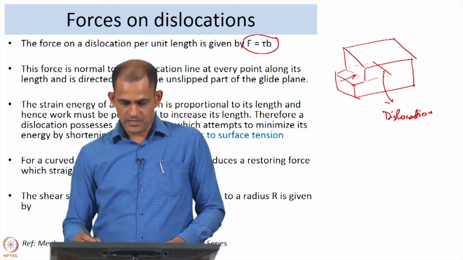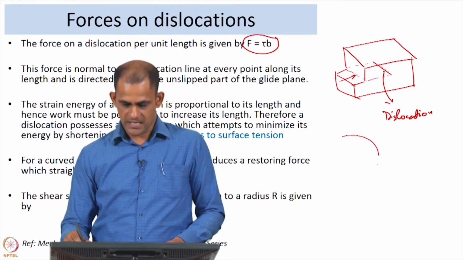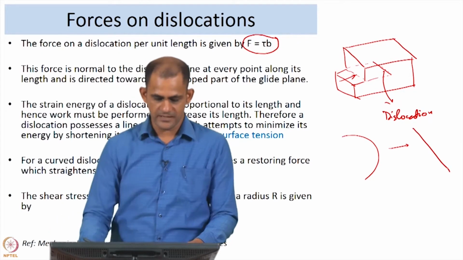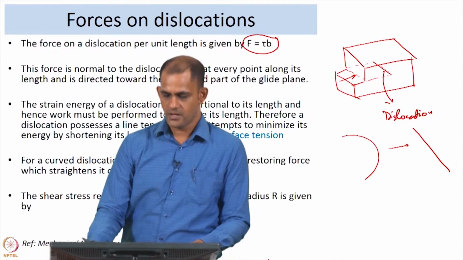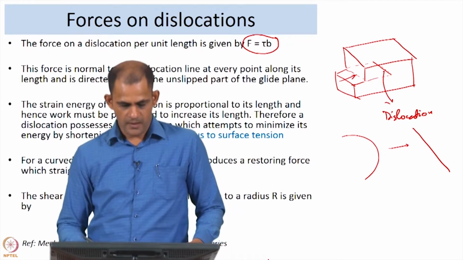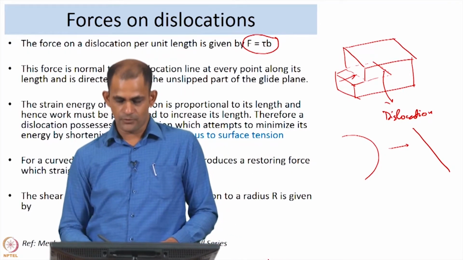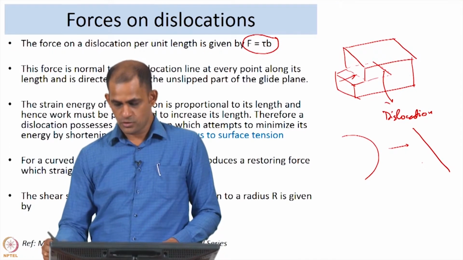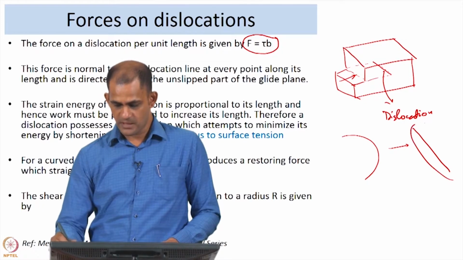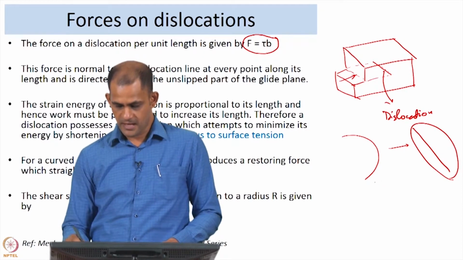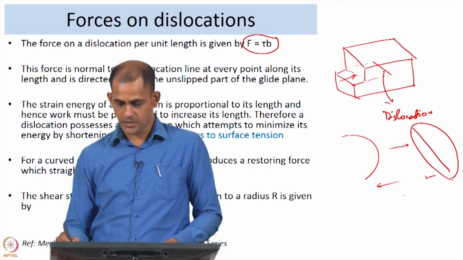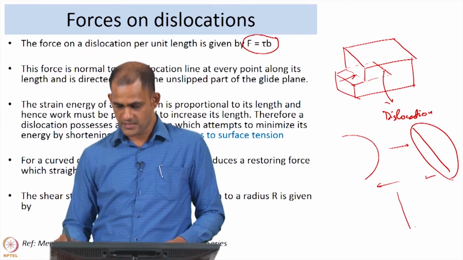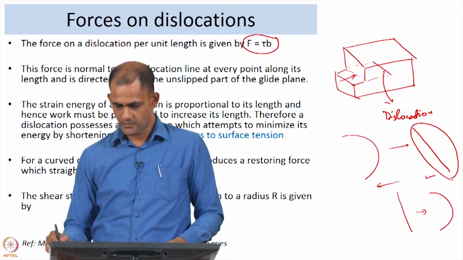So, a curved dislocation like that would actually prefer to be like that. For a curved dislocation, the line tension produces a restoring force which straightens it out. So, the dislocation prefers to be in this state and not in this state, which means you will have to apply a stress if you want to go from a straight dislocation to a curved dislocation.